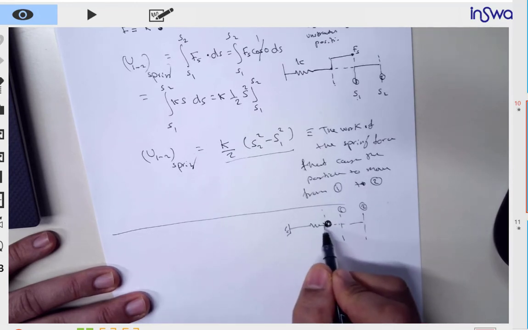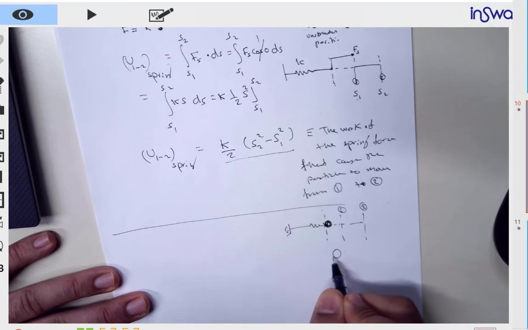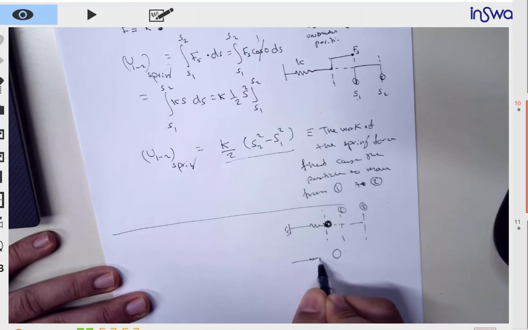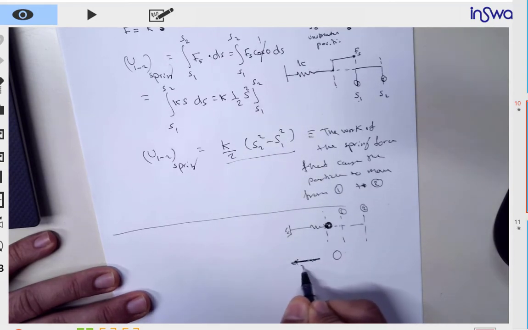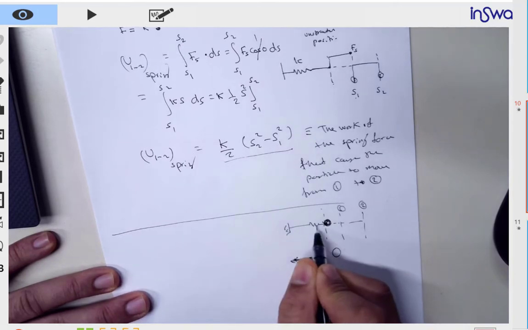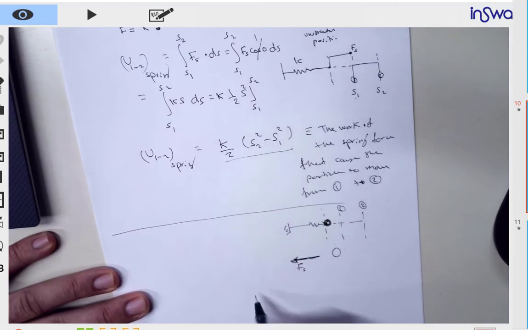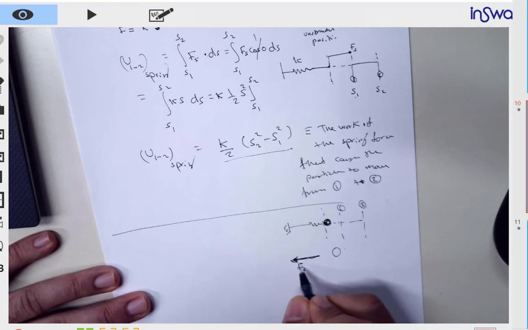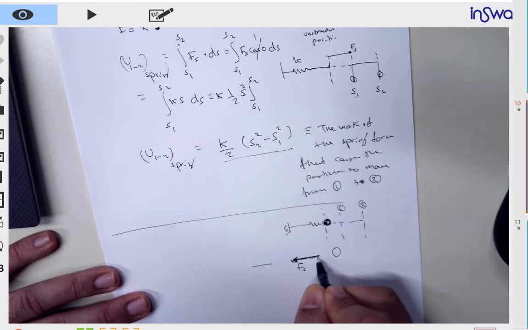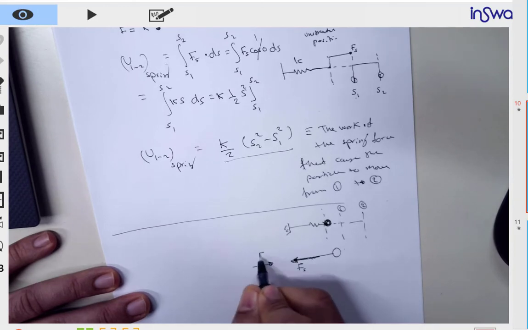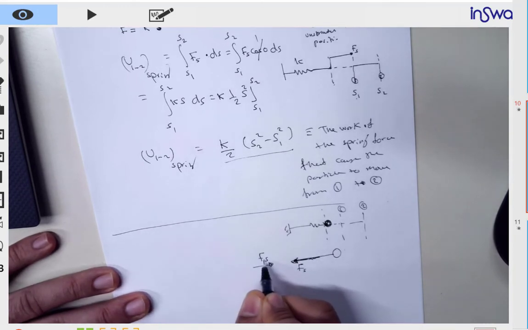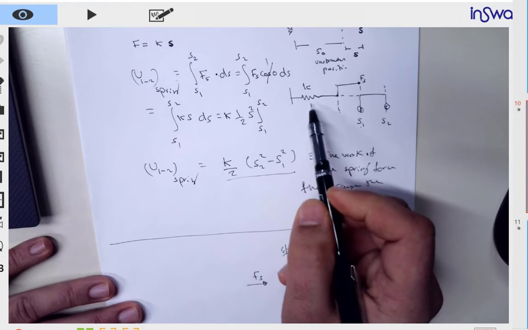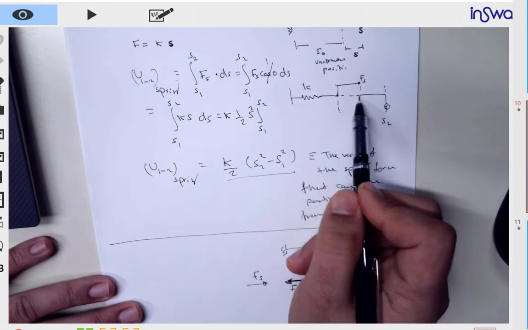Now, Newton's third law says that the spring force Fs is what causes this spring to move from state 1 to state 2.